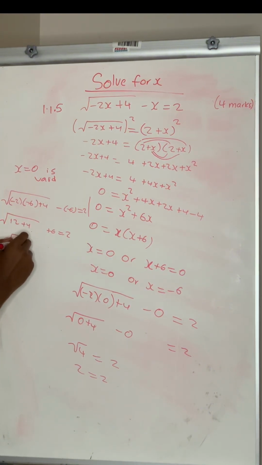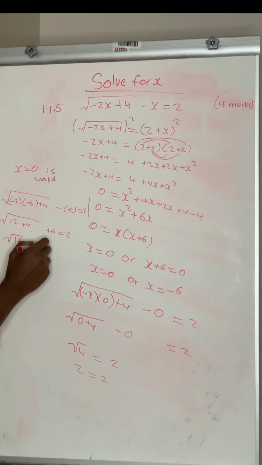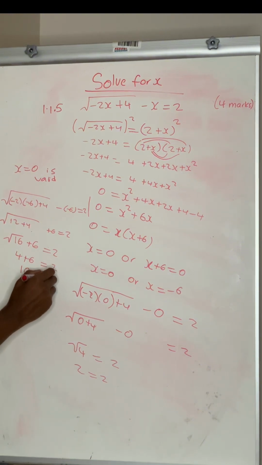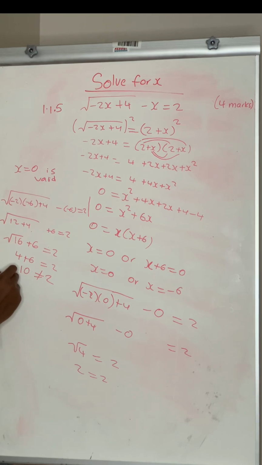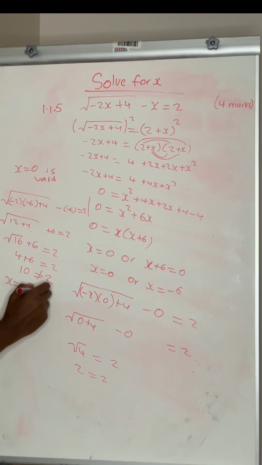The square root of 16 plus 6 is equal to 2. This is 4 plus 6 is equal to 2. 10 is not equal to 2. So you can see that the answer x is equal to negative 6 is invalid.